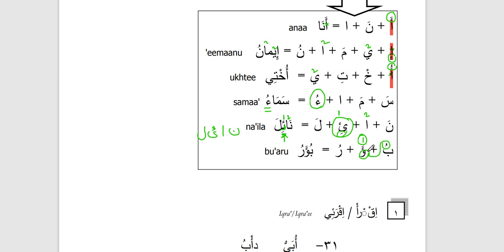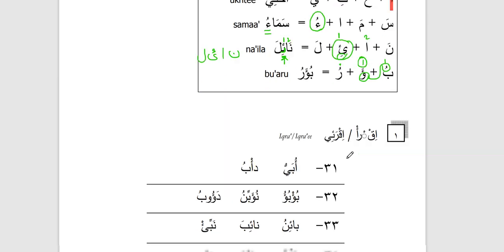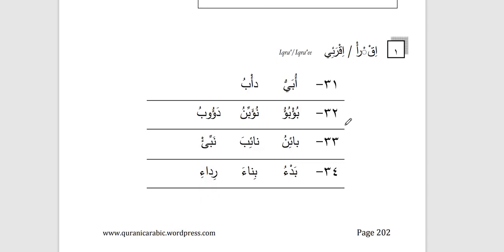That's why the seat wow has come here. So bu'aru. And here the counts are very less. One count, and one count. Bu'aru. That's it.